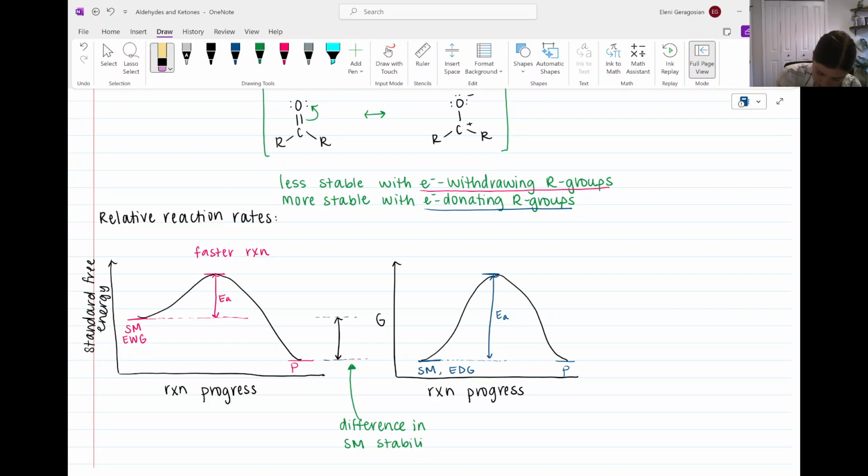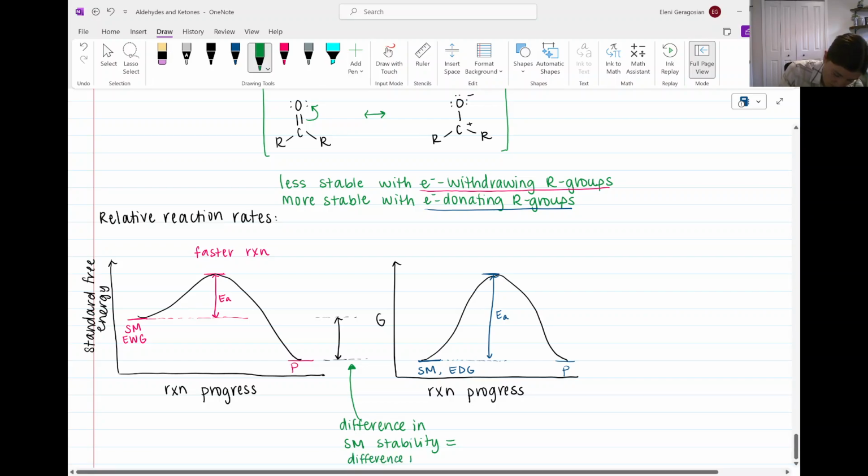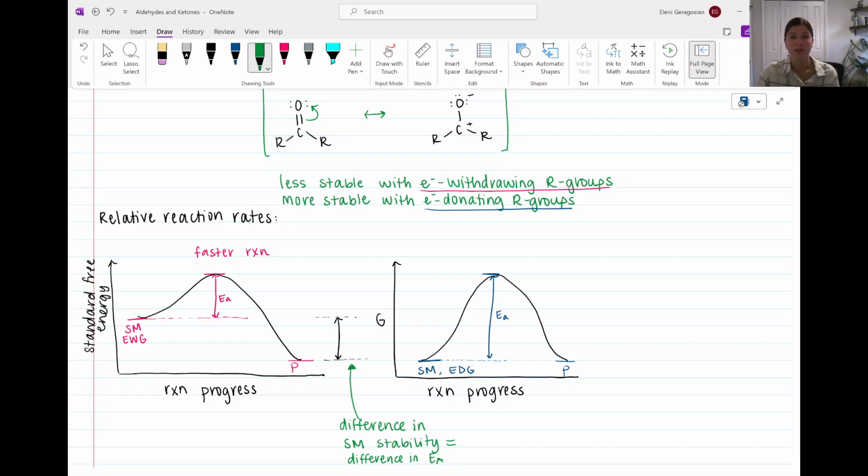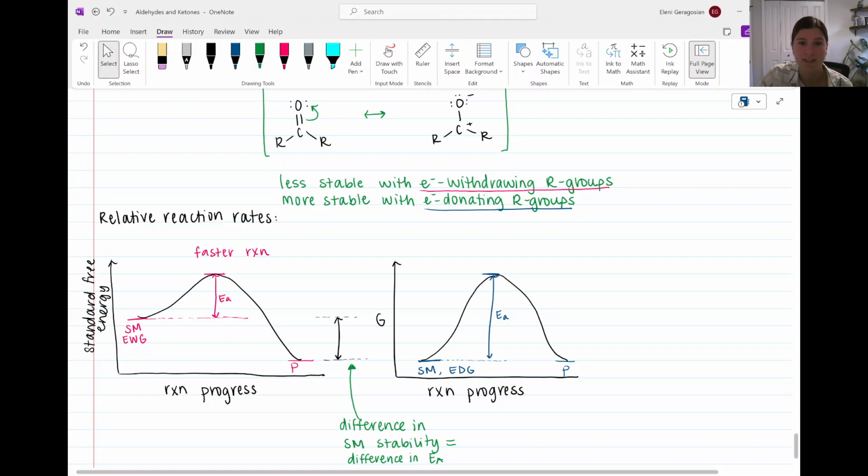The difference in starting material stability is equal to the difference in this activation energy. So more reactive starting material, faster reaction, will lie to the right.